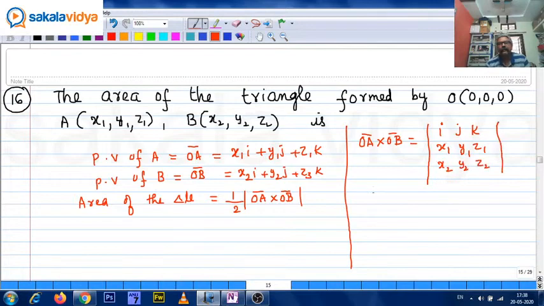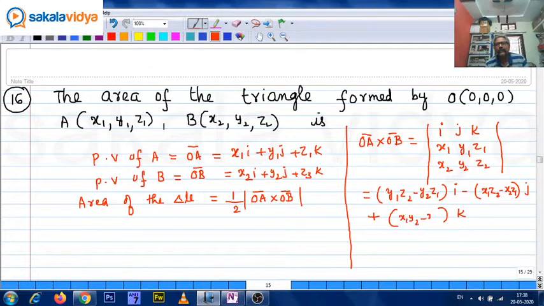Expand by the first row, you will get y1 z2 minus y2 z1 of i, minus j of x1 z2 minus x2 z1, plus k times x1 y2 minus x2 y1. So we need to find the modulus.